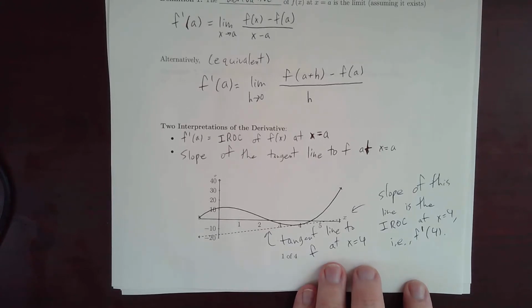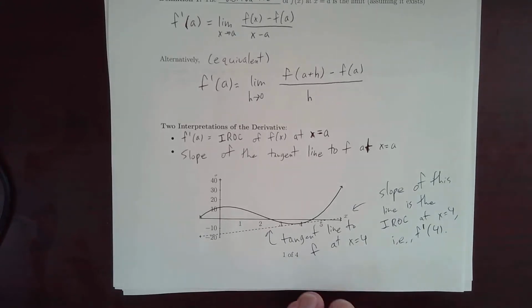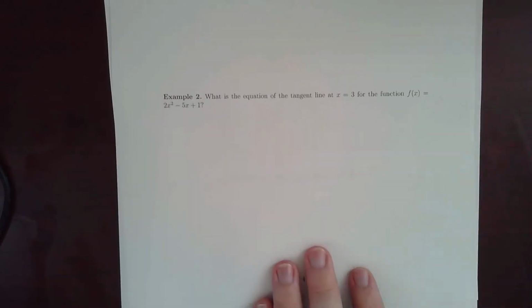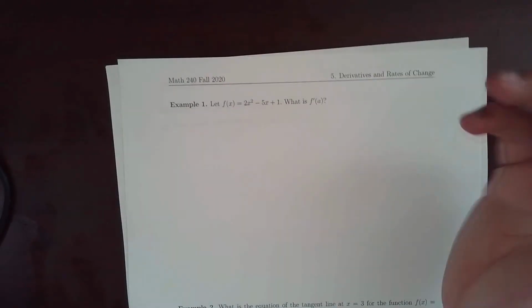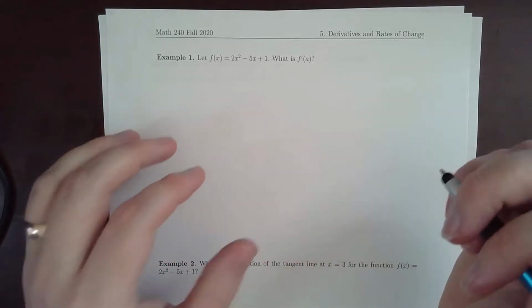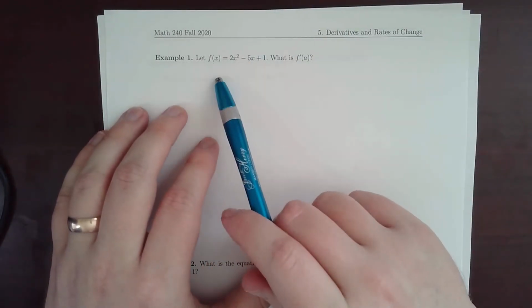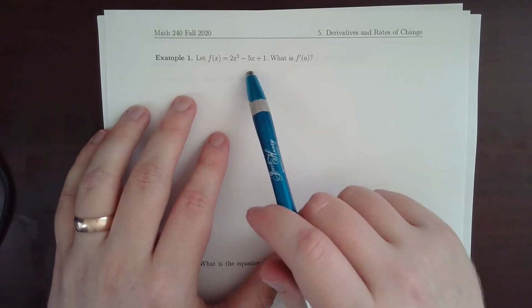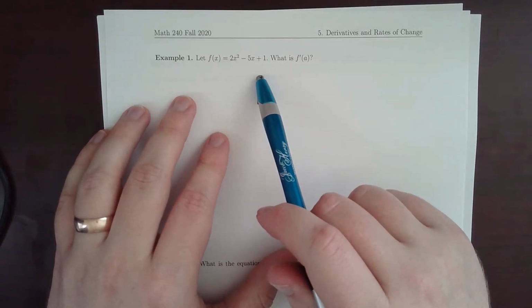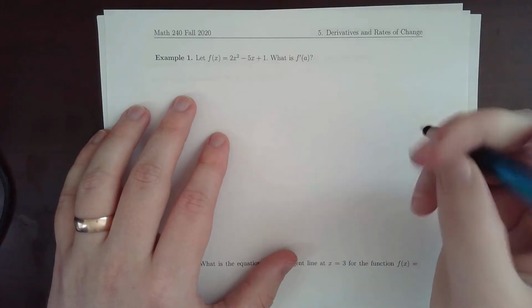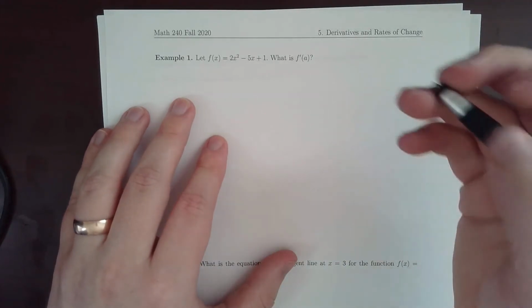So let's go through an example of trying to calculate this. So let's say we've got a function. Okay, we're back. Let's say we've got a function f of x equals 2x squared minus 5x plus 1, and we want to know what f prime of some number is.